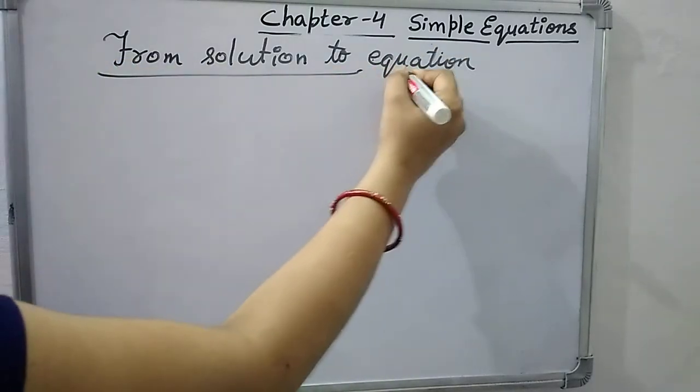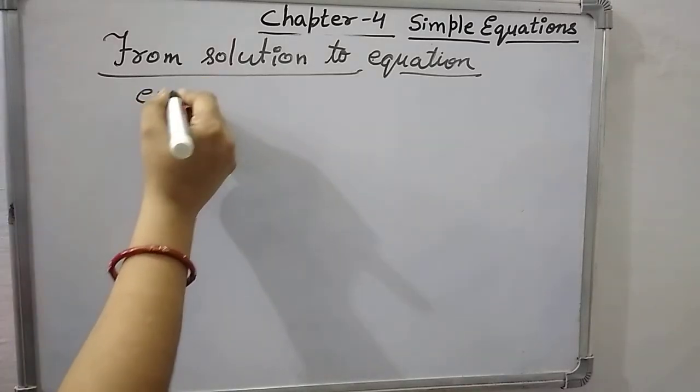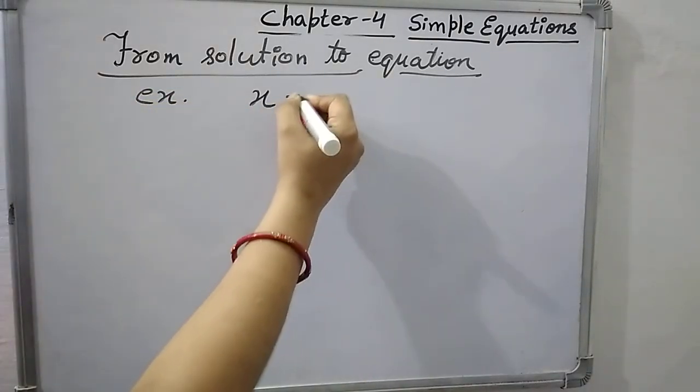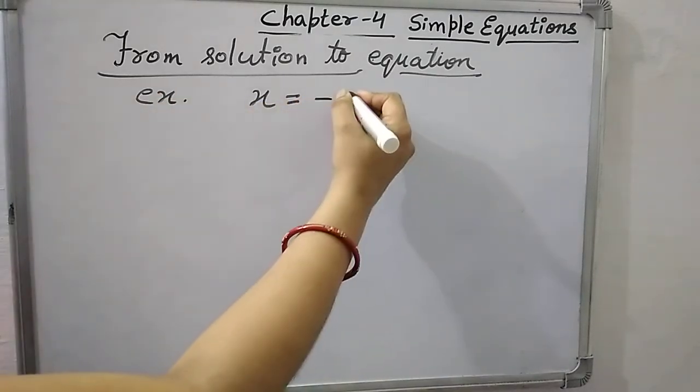Because every equation has single solution, but a single solution can have many equations. So for example, solution given is x equal to -3.